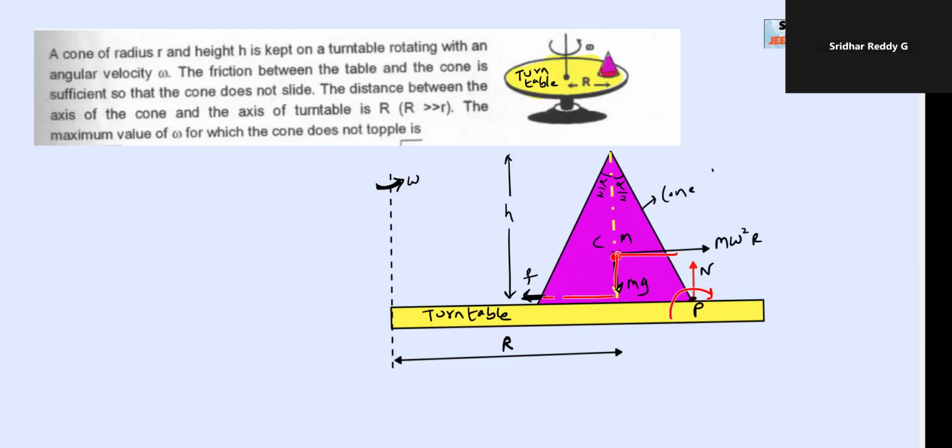The torque due to friction will be clockwise. Then tell me, who should balance it if the cone doesn't topple? Then definitely the normal reaction will not act here. In fact, it will shift and act through this point. Since we are asking for the maximum, I'm assuming the normal contact to be here. We are discussing just about to topple about P.